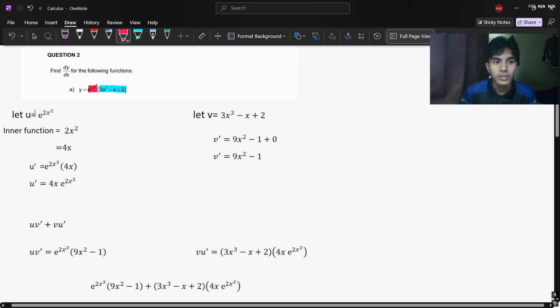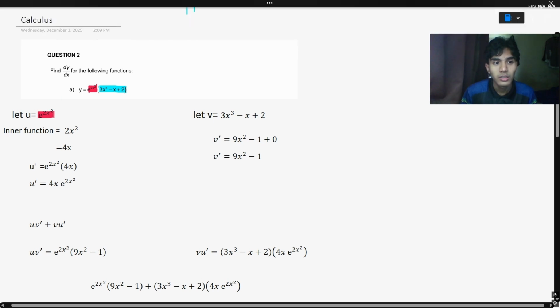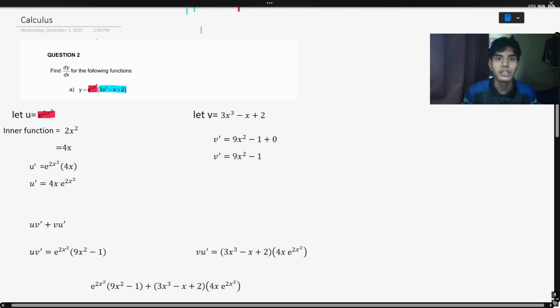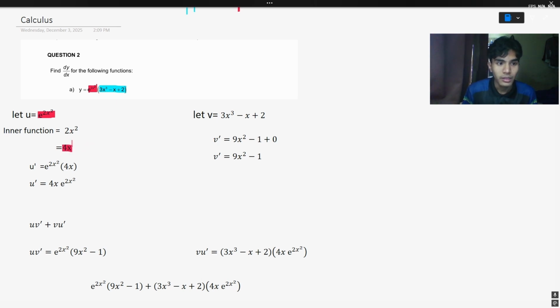Let u equal e to the power of 2x squared. So 2x squared is the inner function, so we'll be differentiating that. After differentiating that, we'll get 4x and then we'll multiply 4x with the original u over here, and then we'll get u prime equals 4x e to the power of 2x squared.